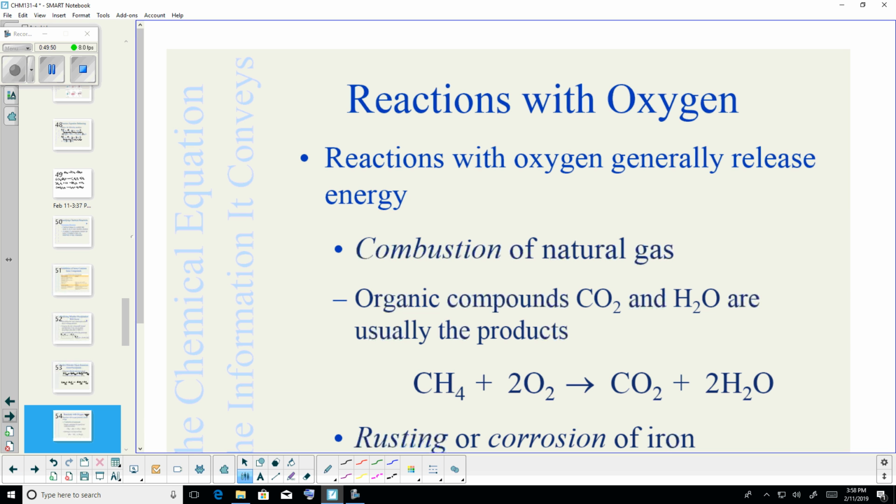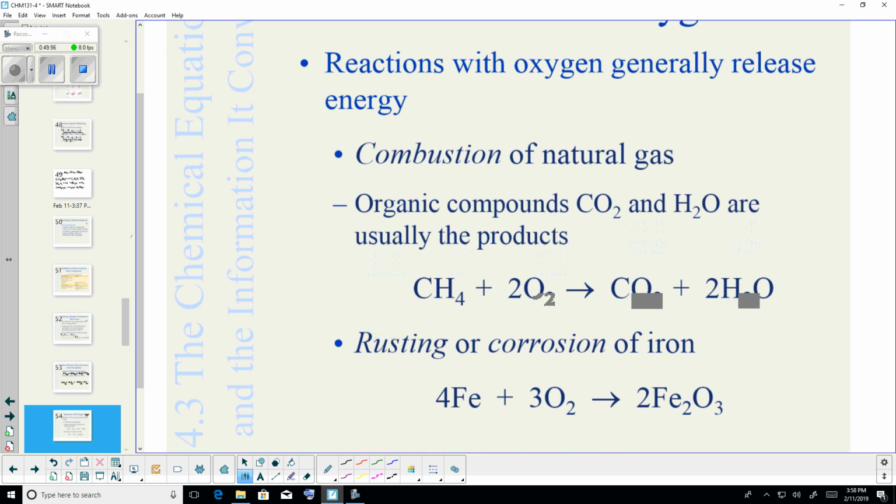So reactions with oxygen generally release energy. This is the combustion of natural gas. So obviously that's how you heat your house if you have a gas furnace. Rusting or corrosion of iron, we don't think of that, but this actually releases heat. Because it's such a large surface area, we don't feel the temperature coming out.